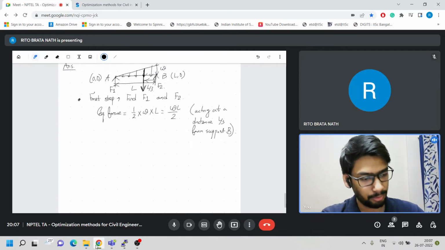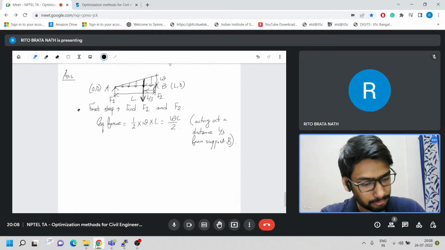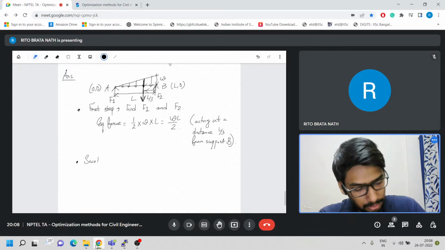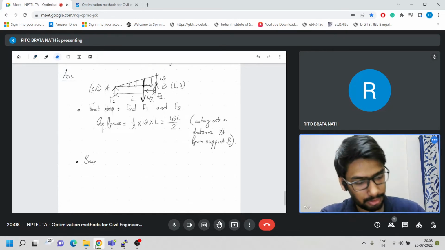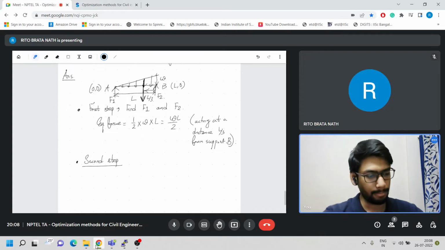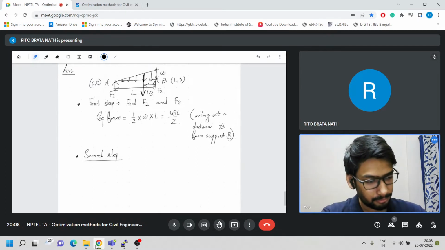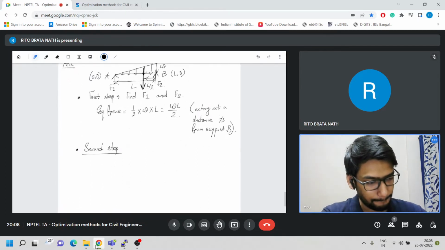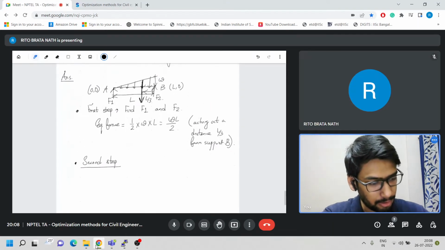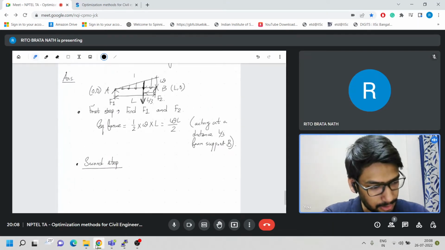Now let's move on to the second step. Okay, write this down again. Second step. So my second step will be to now take a section at a distance say x from the support.